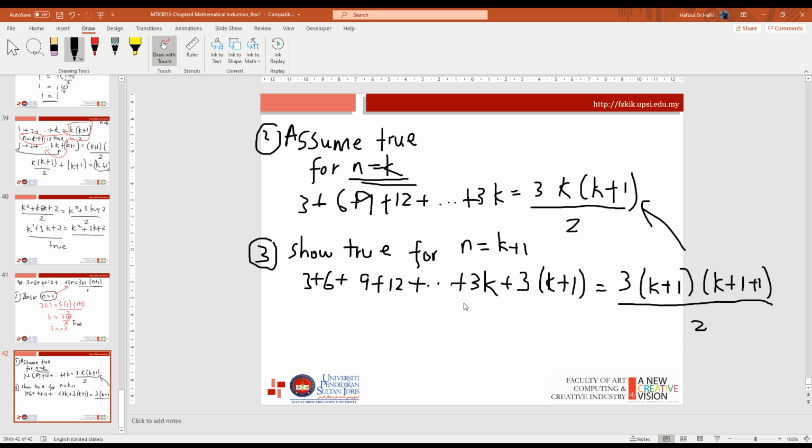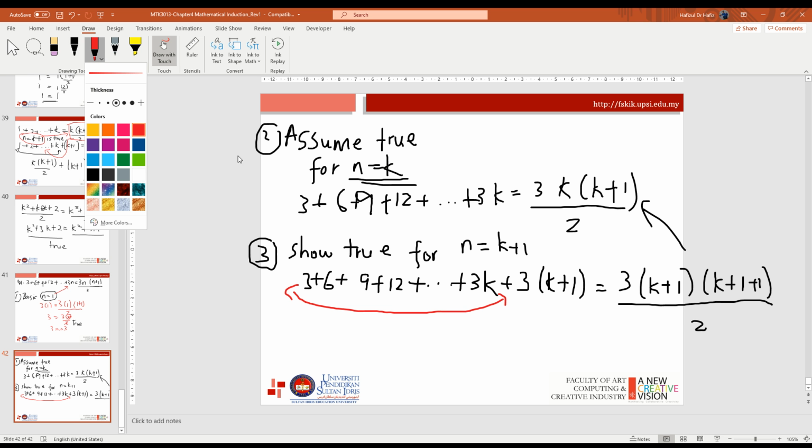So yang ni kita tulis, yang ni semua sampai sini adalah kita wakilkan dia dengan yang ni tadi.